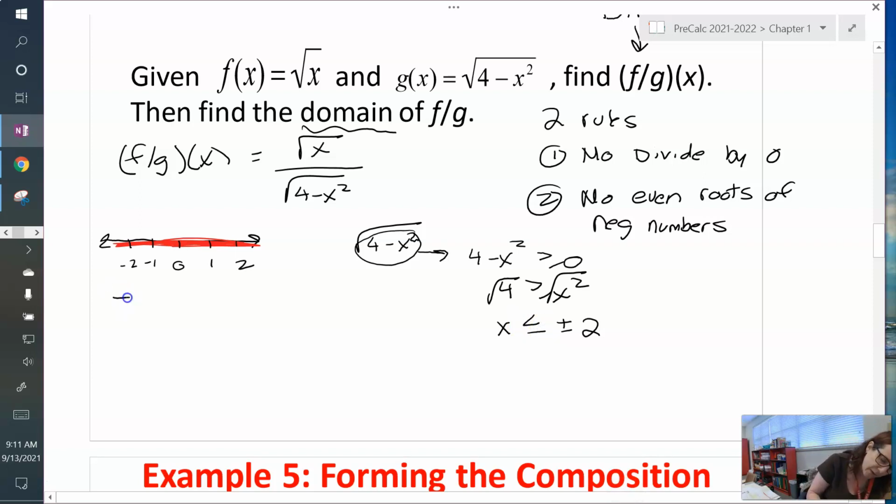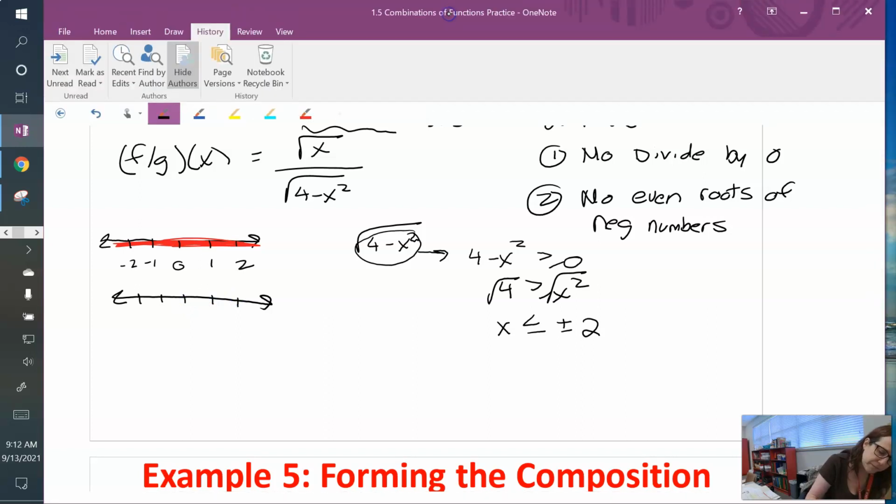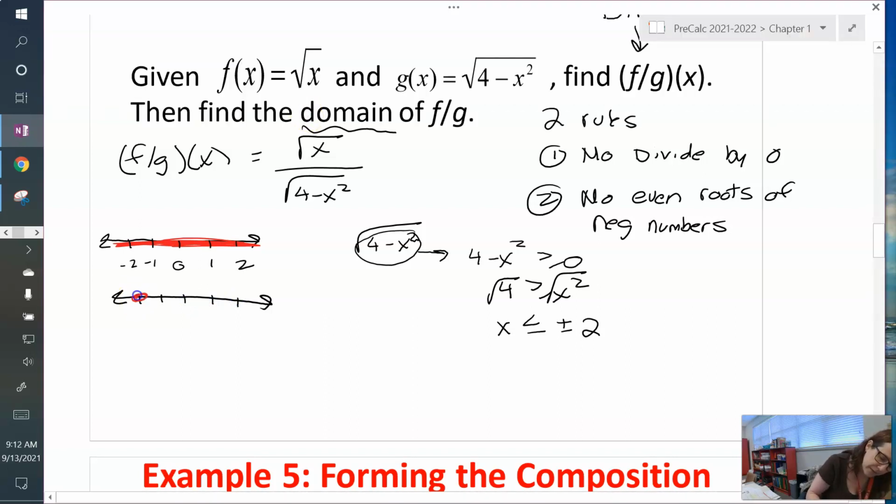So now here is my domain. Okay. So now my domain is just between -2 and +2.